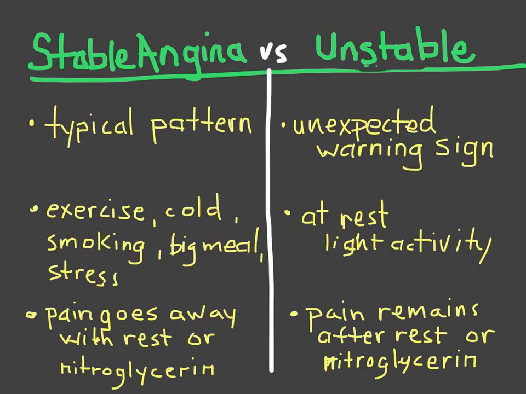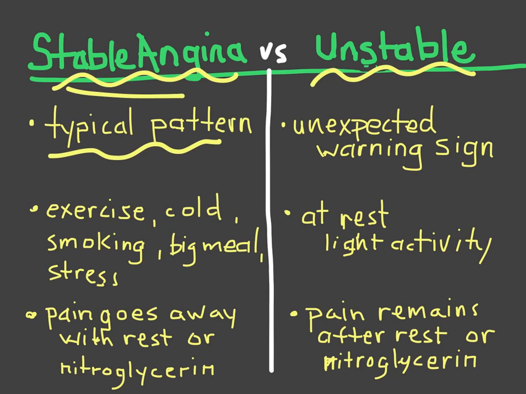Often in medical documentation, you will see the terms stable angina and unstable angina. So let's do a quick review to understand the difference, as it really is important to your coding. For stable angina, this chest pain has a typical pattern to it. It usually happens after strenuous exercise, exposure to extreme cold, perhaps after smoking or eating a big meal, or even just having a high level of stress for a particular thing going on in your life.